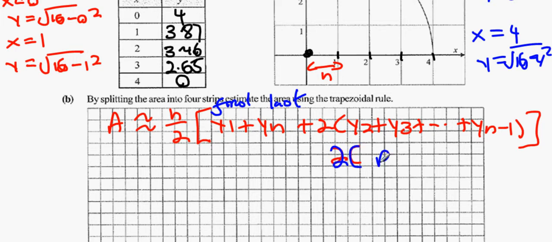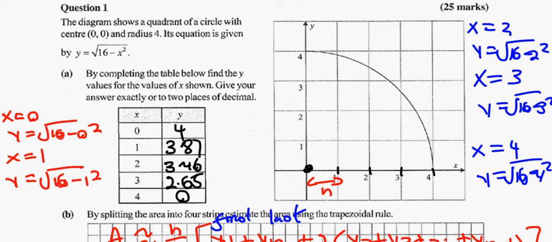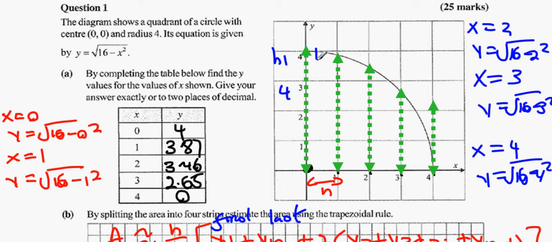What we're going to do next is use our arrows here and put in our heights. Our heights are the values we just obtained in the table to the right. So y1 is 4, y2 is 3.87, y3 is 3.46, y4 is 2.65, and y5 is 0.